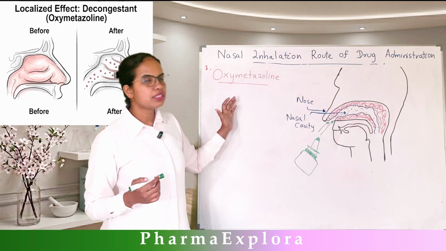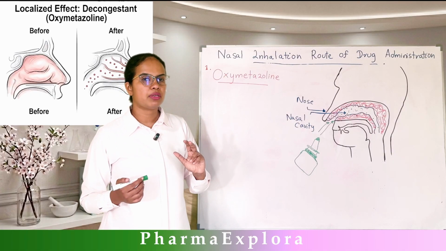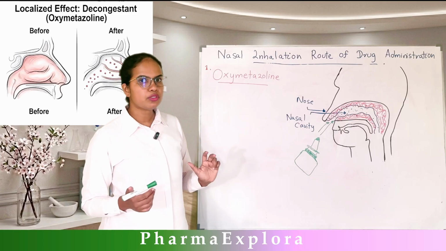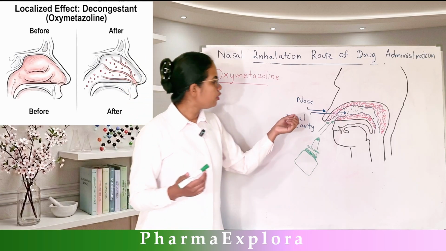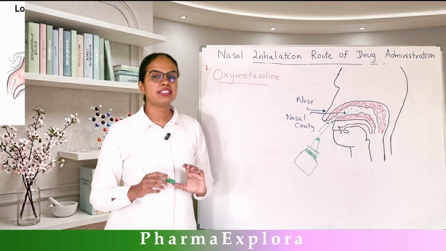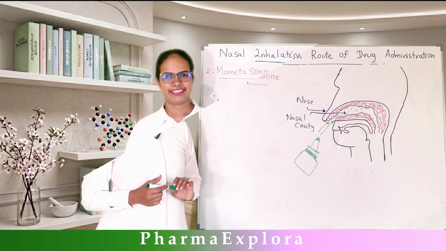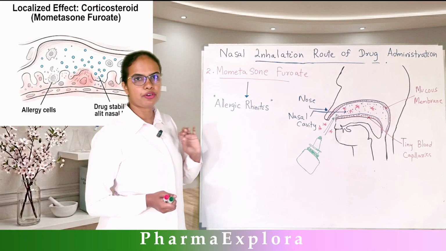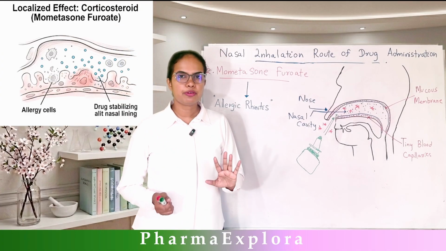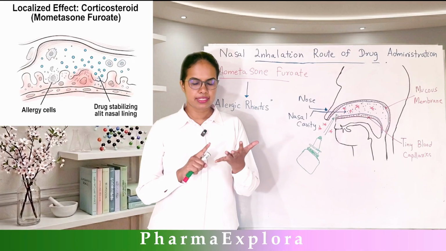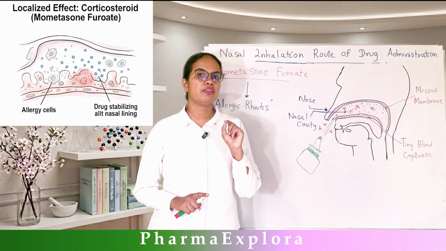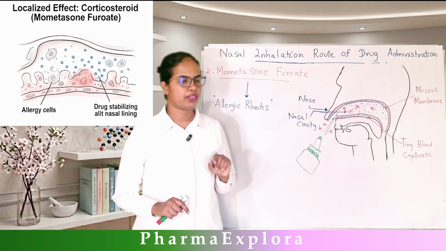Therefore, this oxymetazoline, our first example, is a powerful nasal decongestant which we use to obtain the localized effect of this nasal pathway. Now we are coming to our second example, Mometasone Furoate. Mometasone Furoate is a powerful anti-inflammatory intranasal spray, most importantly, a corticosteroid.